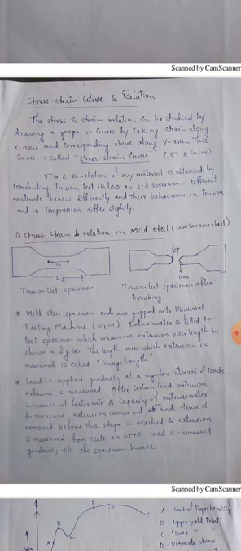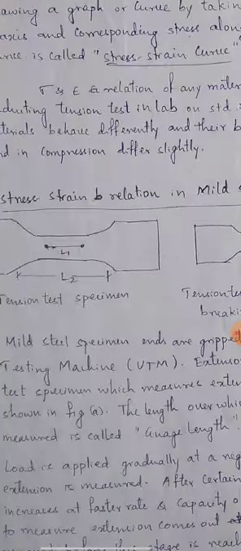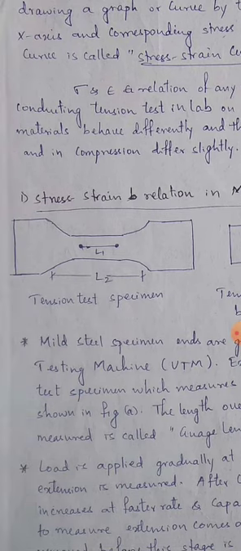These specimens, especially the first one, mild steel, should be placed vertically in the UTM machine, where the tension test is conducted. Before inserting the specimen, it is marked with L1, that is the gauge length, and L2 is the final gauge length.